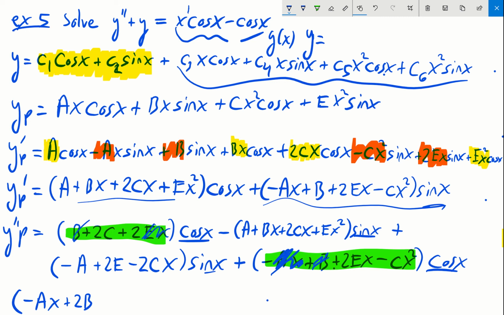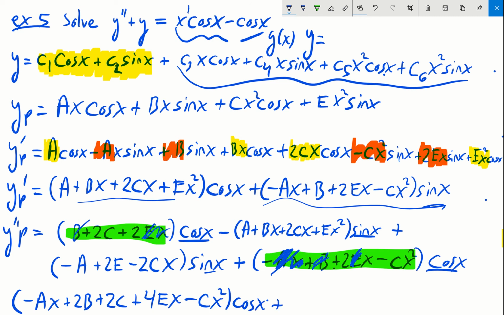We have two of those terms, so that's going to be plus 4ex. We also have a 2c. And let me switch those two terms around. So 2c plus, because I will go in order this time, 4ex. And now we get to the quadratic part of it, negative cx squared. That's all times the cosine of x.